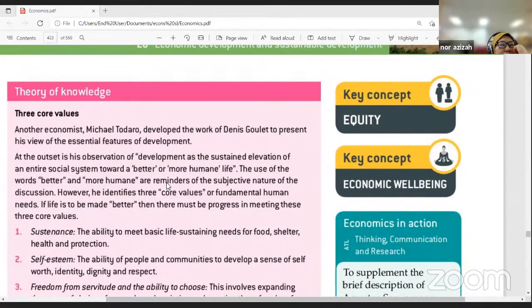So, 3 core values. Siapa yang pandai TOK in your class? Ayib tak ada, Let tak ada. Yang tinggal Dina teacher. Okay, Dina nak ajak siapa baca? Dina boleh co-explain dengan kawan. Azim lah teacher. Okay, Hazim. Baca dan explain.